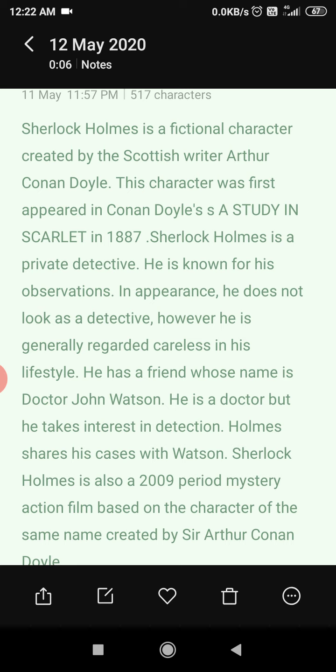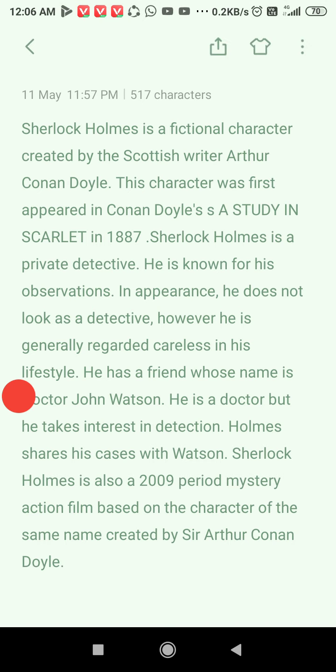But Arthur Conan Doyle never thought that this character would make him famous. Got it? So people appreciated this character a lot. Okay, they were mad for the stories. They were demanding that yes, you should write more stories about Sherlock Holmes. So Sherlock Holmes is basically a private detective.